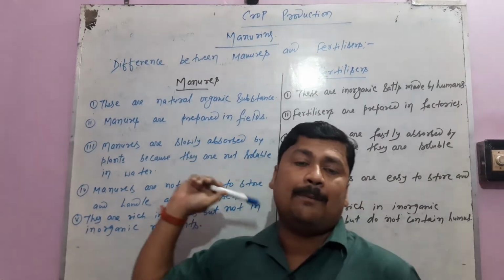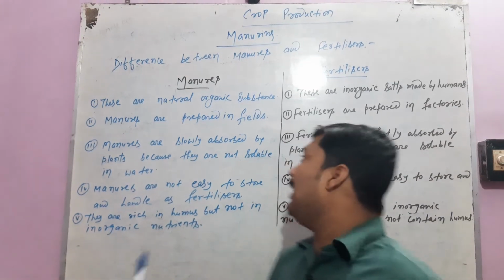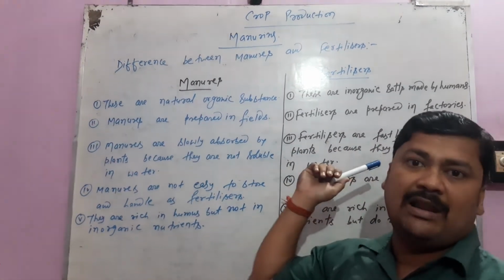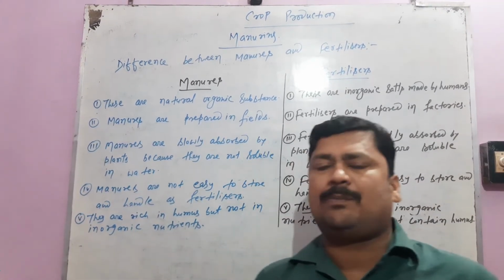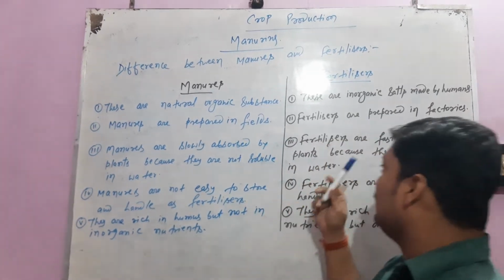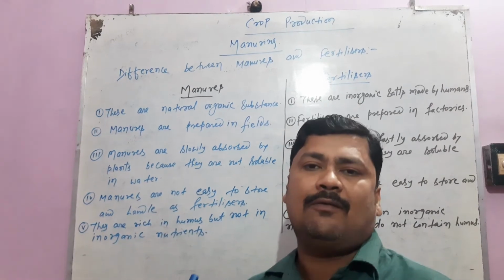The second thing, manures are prepared in fields or in open places, but fertilizers are prepared in factories or laboratories. The third thing, manures are slowly absorbed by the plants because they are not soluble in water. But fertilizers are quickly absorbed by the plants because they are very easily soluble in water.